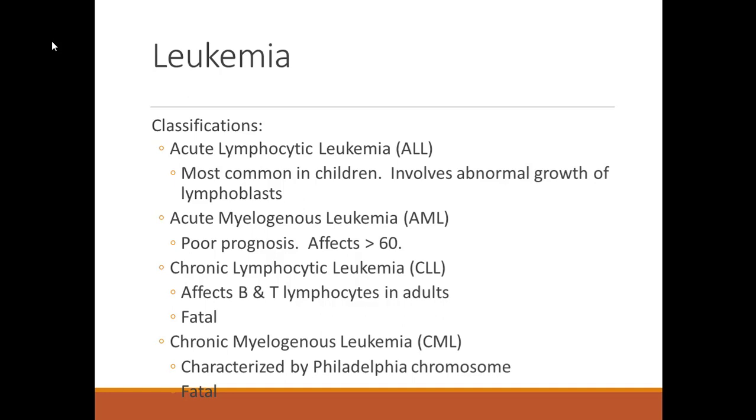It's the abnormal growth of the lymphoblasts, the immature white blood cells. This occurs more commonly in children. Generally, signs and symptoms of this are fever. They're going to be pale, they're going to have weakness, and they're going to complain of bone pain.